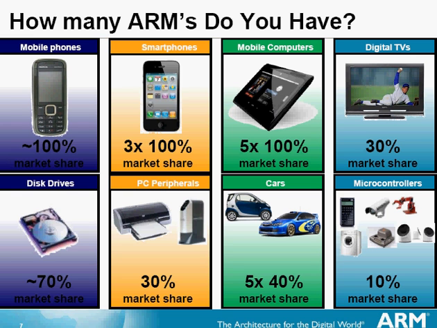If you see this, how many ARM do you have at your home? You have a cell phone, ARM is there inside. You have a disk drive, ARM is there inside. Almost 100% of cell phones have ARM processor inside and physical IP too. And approximately 70% of disk drives have ARM code in it.